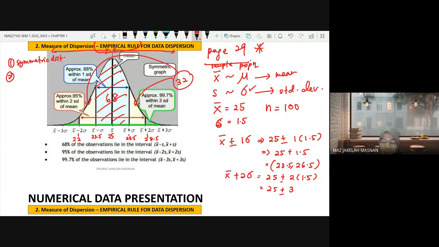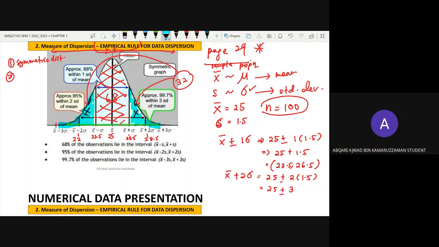If you are talking about 100 data, 68% means that 68 data will be inside this particular region, and the other 32 data is located either over here or over here. So this is where the 32 data can be located. Okay, clear class? Class understand?